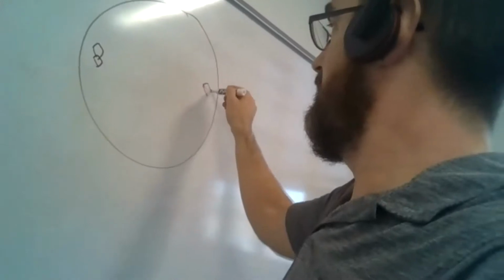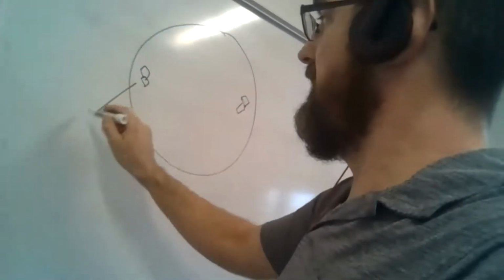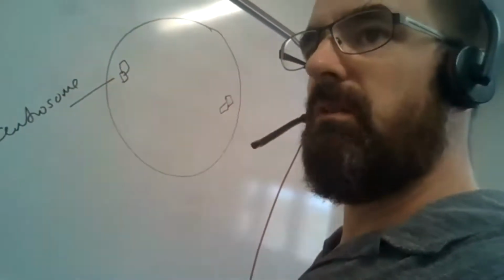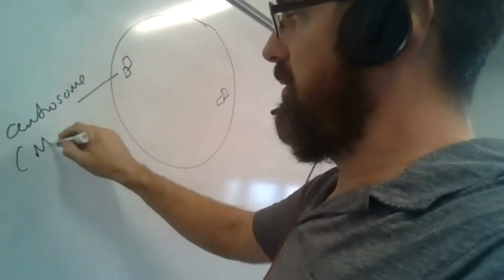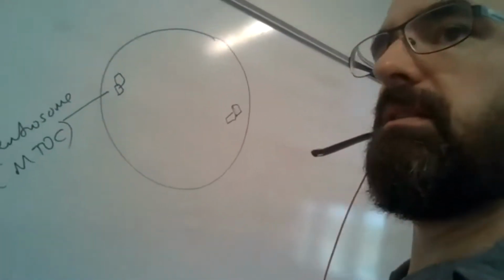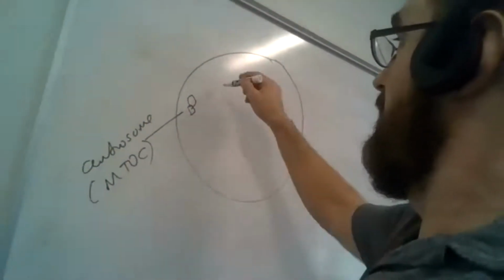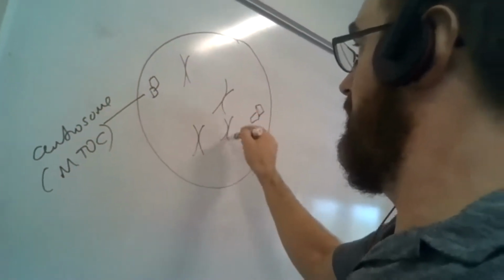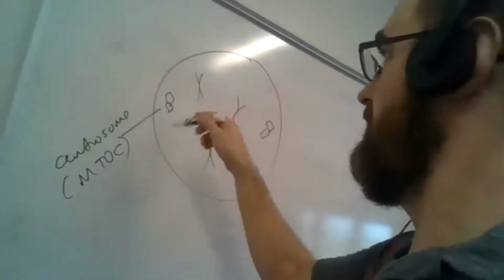So essentially, if that's a dividing cell, and we have our centrosomes here. So this is a centrosome, or an MTOC, and I'll write out what that is in a little bit. Essentially, your chromosomes look like so.